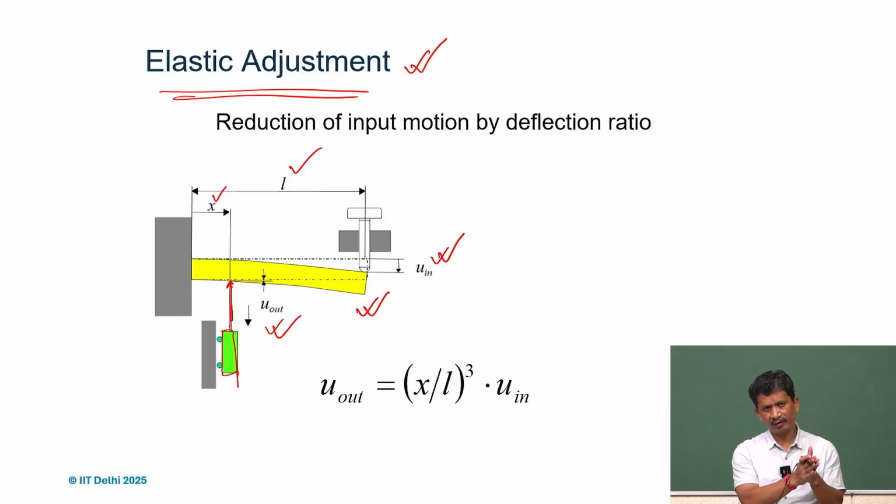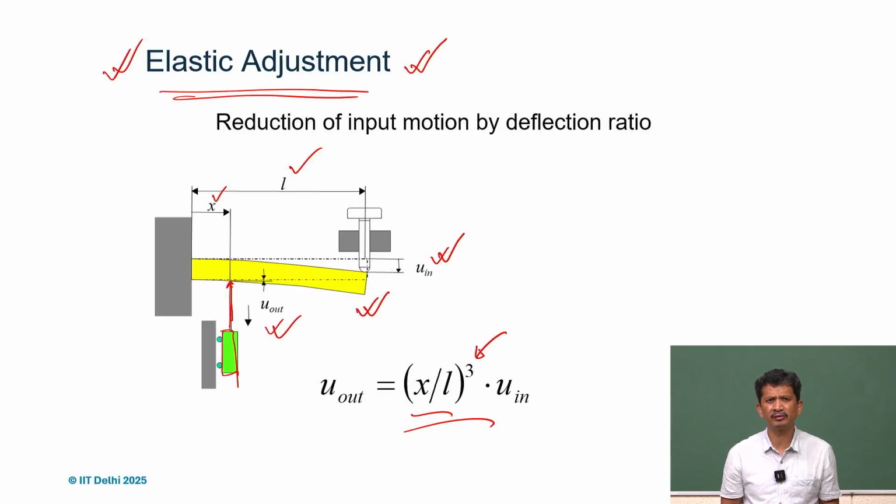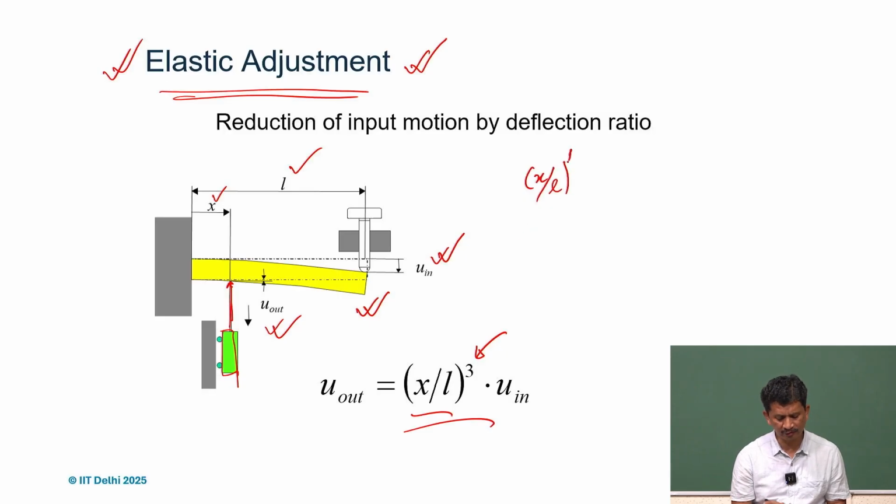But what happens if, because of the bending, it's not a rigid body but deforms elastically under the bending load? The ratio goes to the power 3. This number is very important. Unlike any leverage mechanism, where it will be simply x by L, with a power of only 1, here we are getting 3 because of this bending deformation, and that's why we are calling it elastic adjustment.